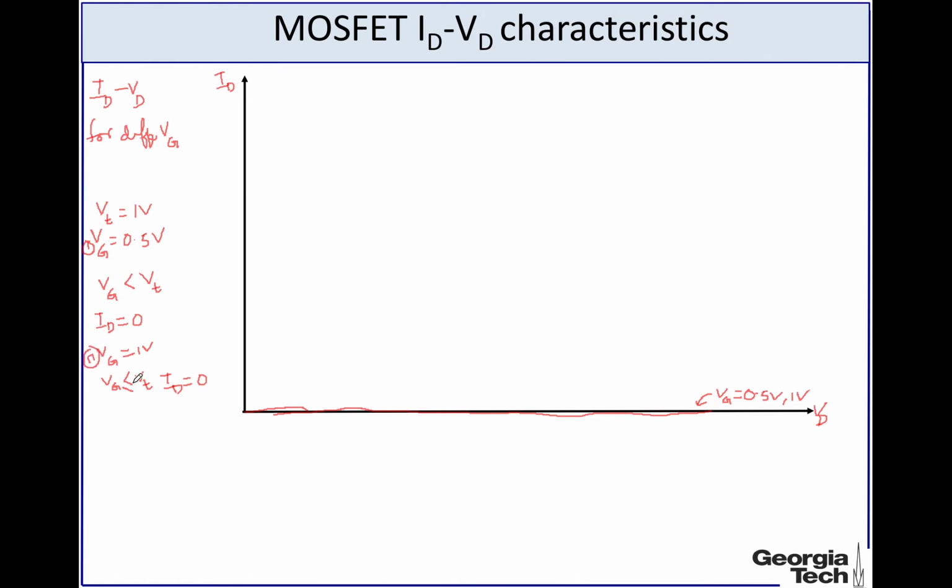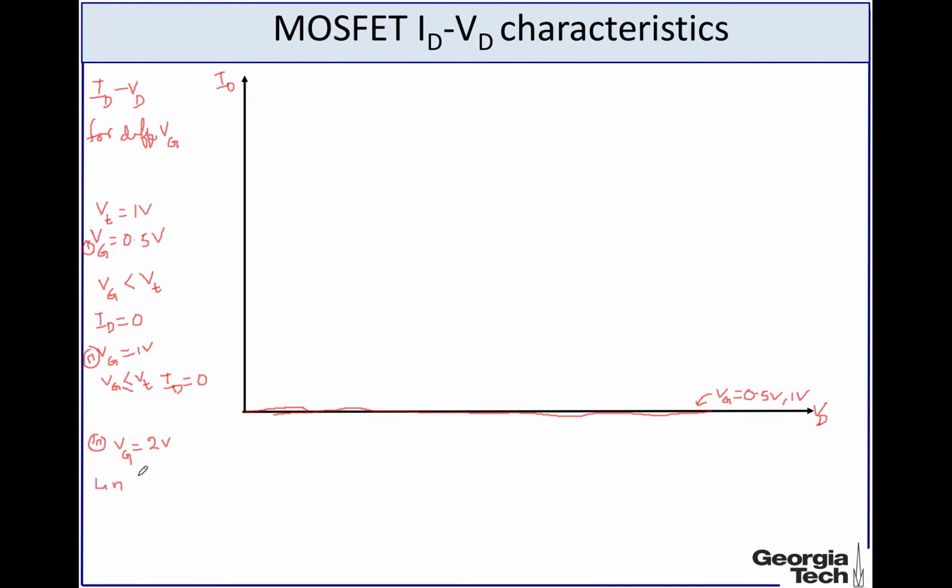Now let's consider the case when our VG equals 2 volts. We need to find out what range of drain voltage the transistor is in the linear region and the saturation region.